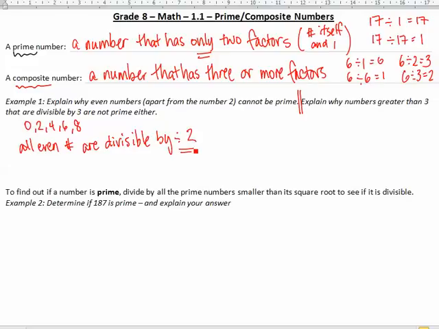If you took the number and divided them into two groups, how many would be in each group? So why can't they be prime? Well, if you look at the definition of the word prime, prime means it only has two factors, itself and 1. But now that we have another factor in there, we know that 2 is a factor.